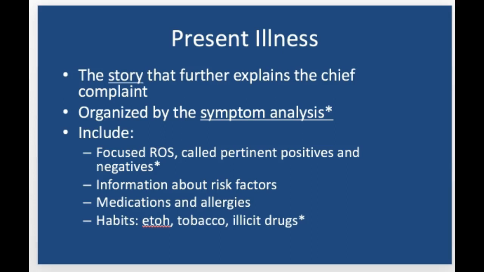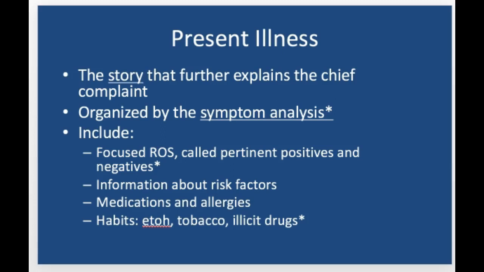Inside the present illness or the history of present illness, there's a lot of information that should be included. The story behind the chief complaint, also the focused review of systems, which is also called the pertinent positives and negatives. So this is all the other symptoms or systems that could be involved that you're asking about, and you're recording that in this area. You should also include information about the patient's risk factors.